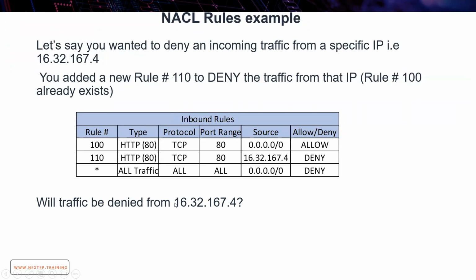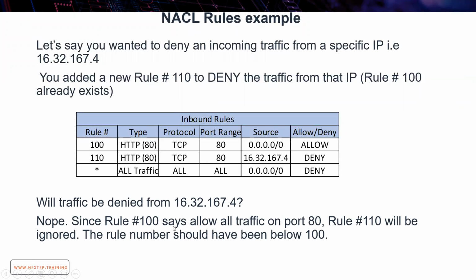Will traffic be denied from this IP? You should expect questions like this in the exam. Will the traffic be denied? Nope. Traffic will not be denied because your rule number 100 is a lesser number, right?